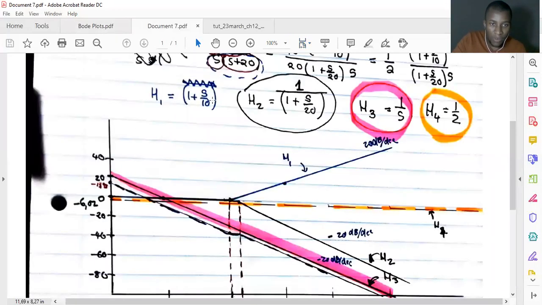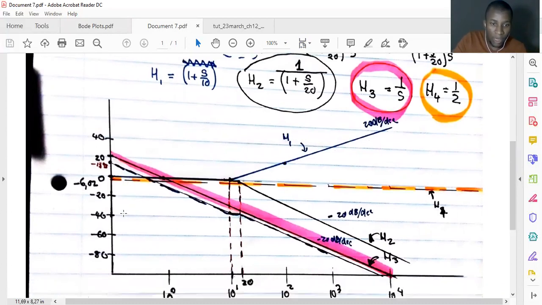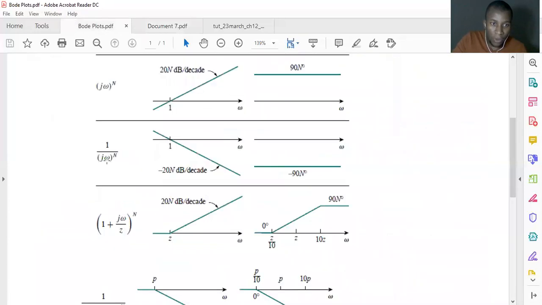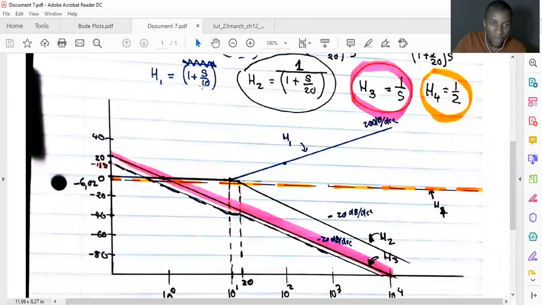So this is transfer function 1. It's represented by this line h. So let's quickly draw it then. It tells us it will go from 0 to the value z, but here our value of z is 10. So it runs from 0 till 10. This is 10 to the 1. And then again, it increases at a slope of 20 dB per decade.